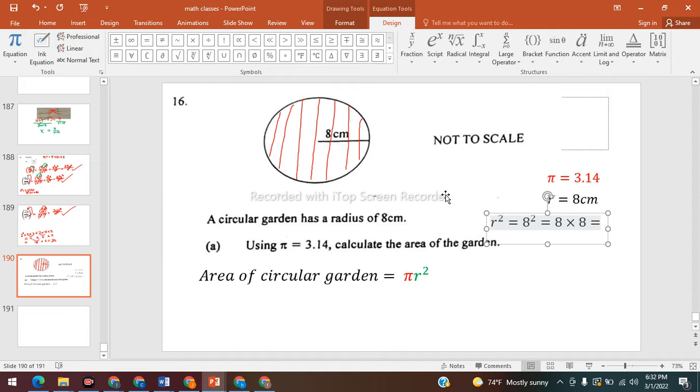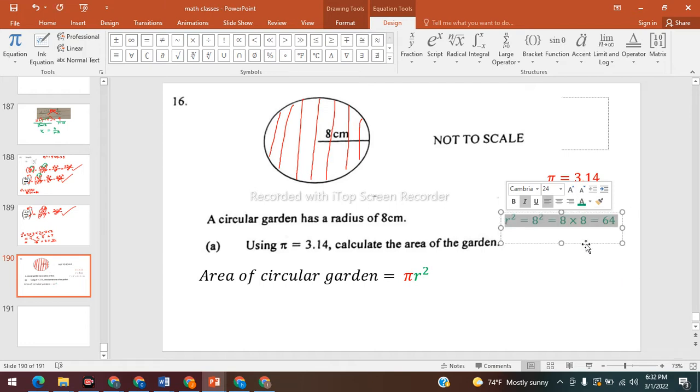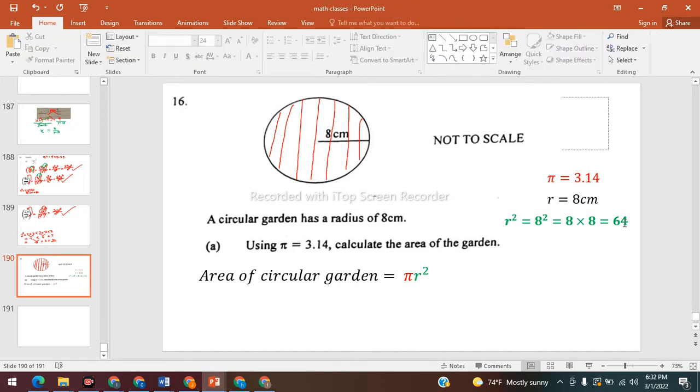Okay, 8 times 8 is 64. Good. So r squared is 64.